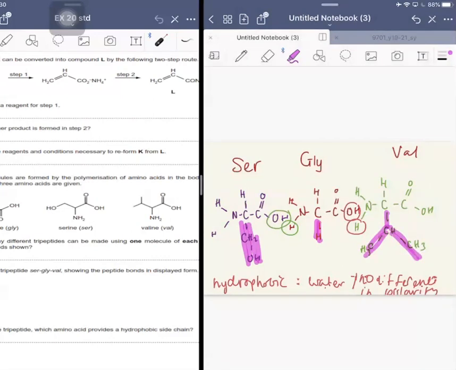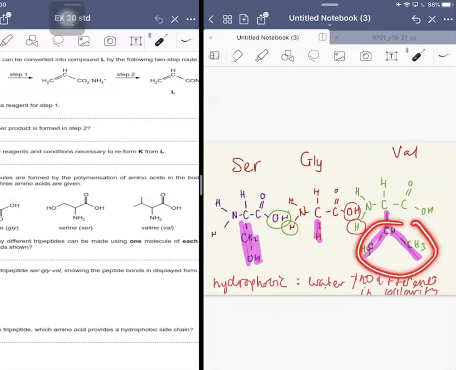You can see valine here. It contains carbon-hydrogen bonds with no difference in electronegativity, therefore they are neutral. Glycine is also accepted, but the most accepted answer is valine.